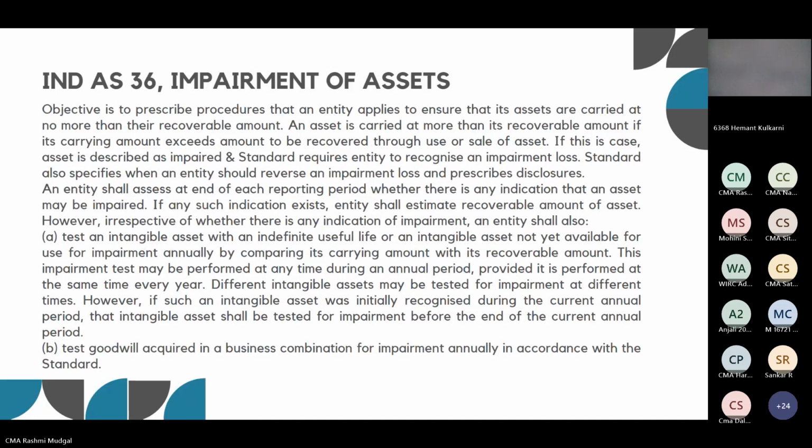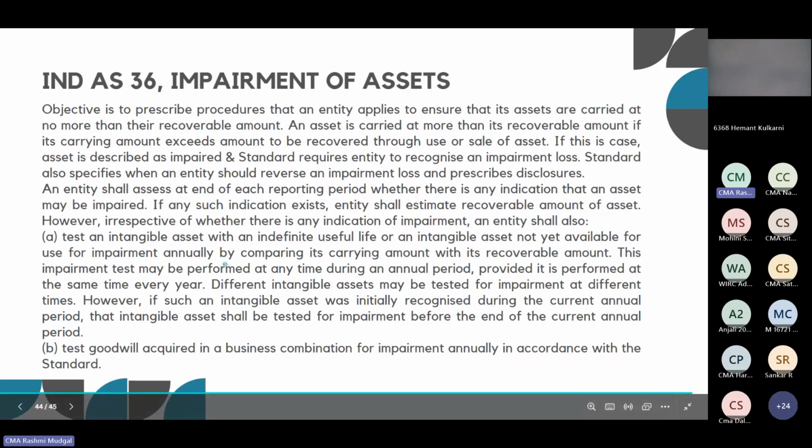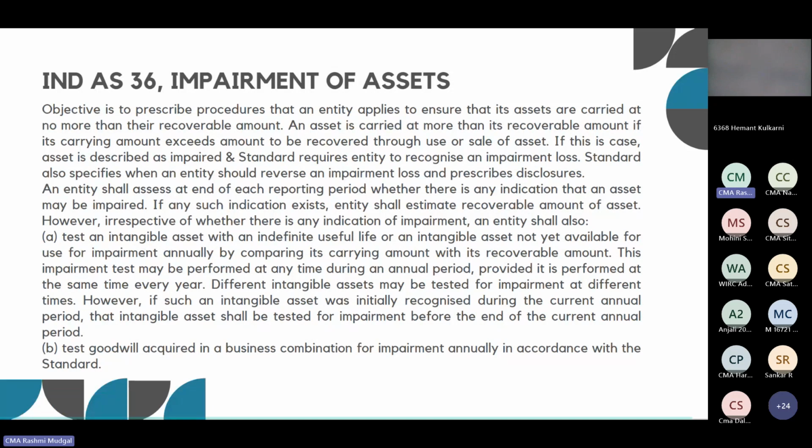Okay. Next is impairment of assets. This is the last accounting standard we are going to discuss today. It is Ind AS 36, impairment of assets. The objective is to prescribe the procedures an entity applies to ensure that its assets are carried at no more than the recoverable amount.